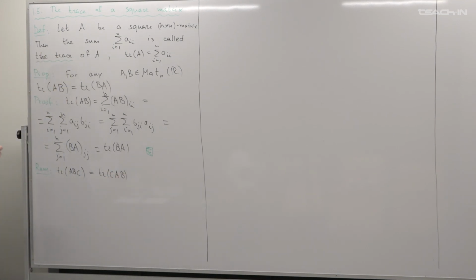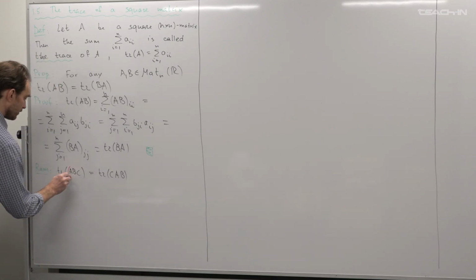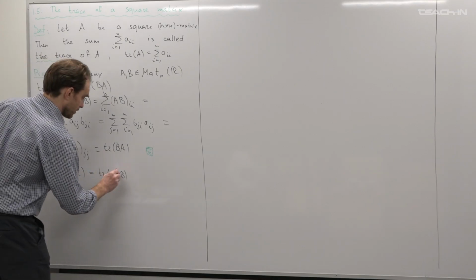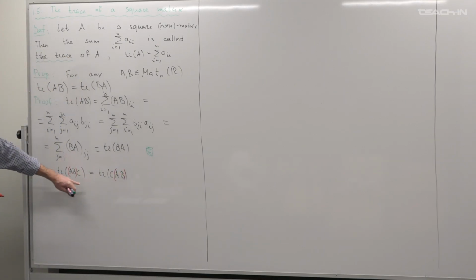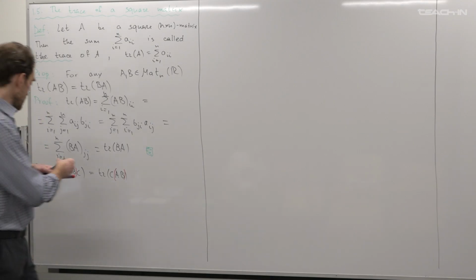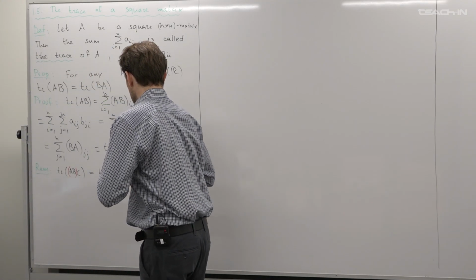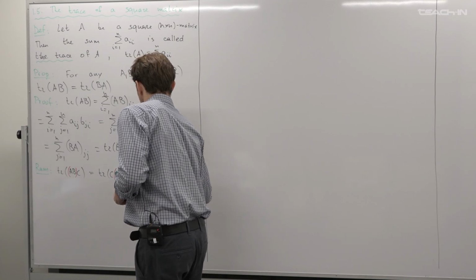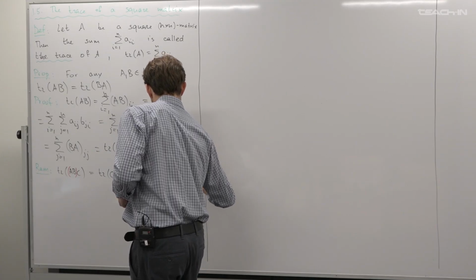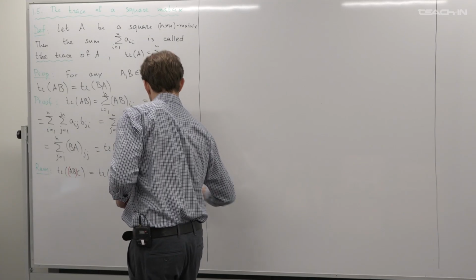Just because we can group those matrices, so I can consider the product of the first two matrices as some other matrix. So here we have the product of AB by C, and here we have the product of C by AB. So it follows from the previous statement. This holds for all A, B, and C from the set of square matrices with real entries.